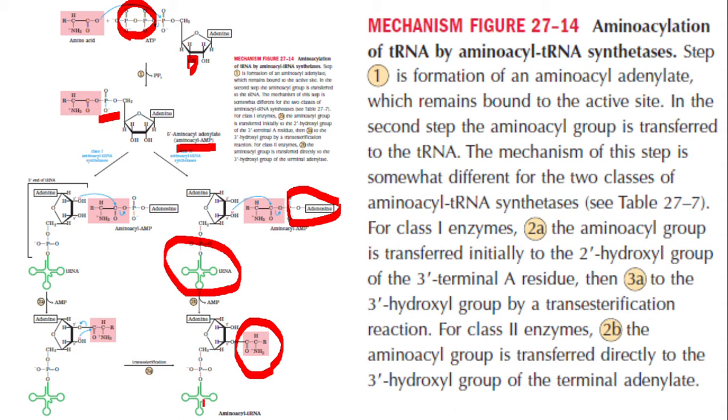Don't think that the tRNA on 3'OH is directly carrying an amino acid. Actually, this is the tRNA. Amino acid is here. It is bonded through adenosine and phosphate. That means adenosine monophosphate.